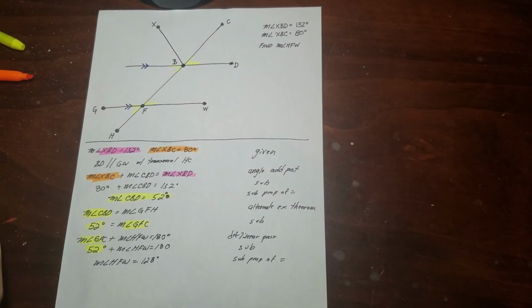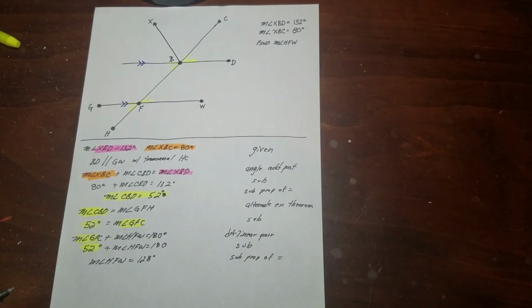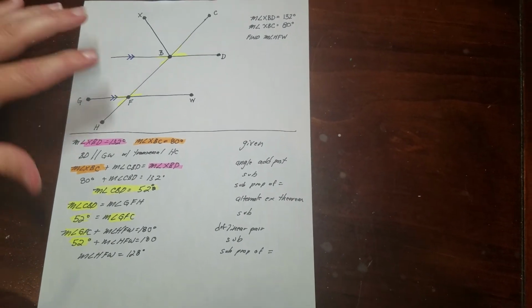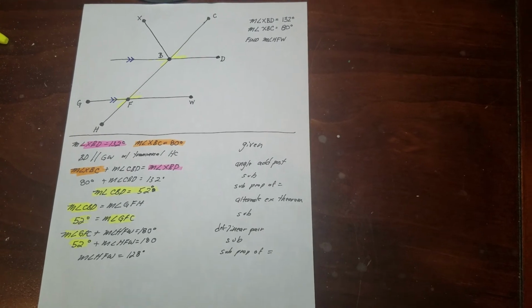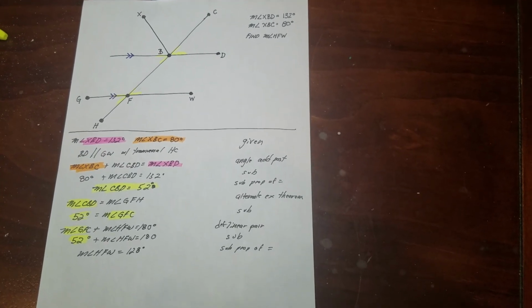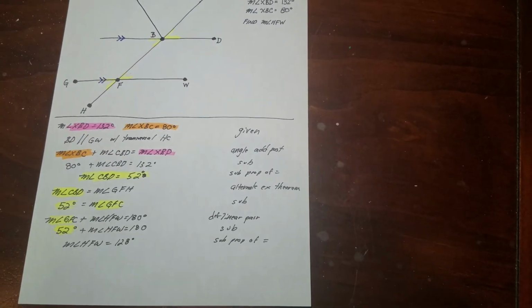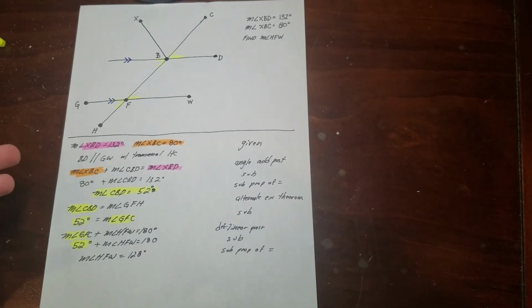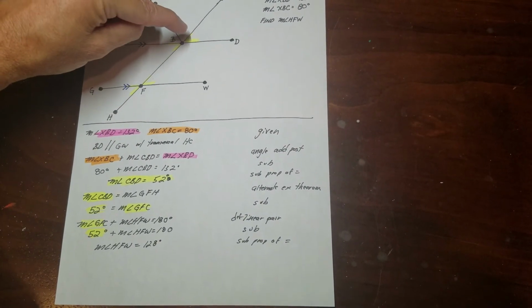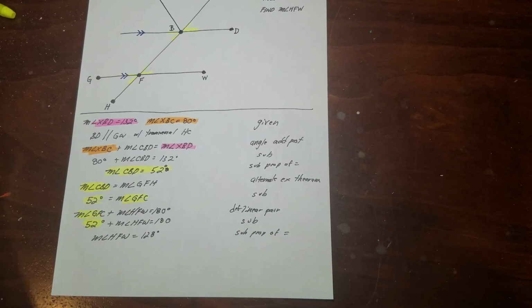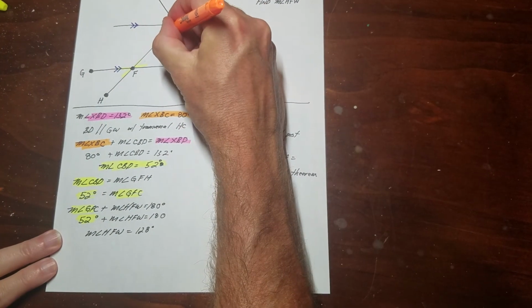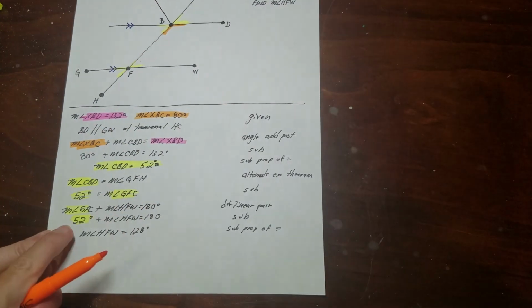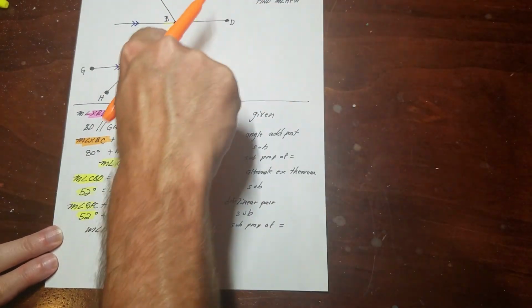One other thing before I go: a lot of times with these, there's more than one way to do it. One of the ideas I get from kids is that they think there's one answer, and there's really not. Once I figured this angle out here, I could have figured out this angle, doing what I did right here with these two angles.